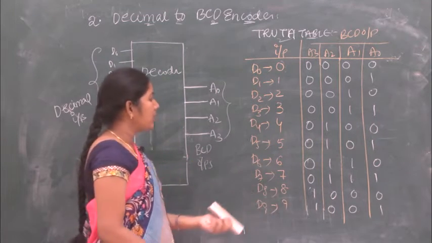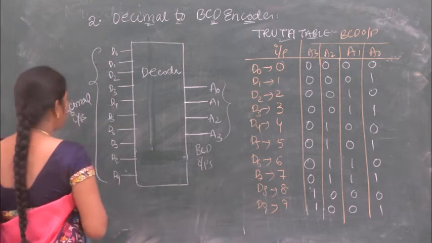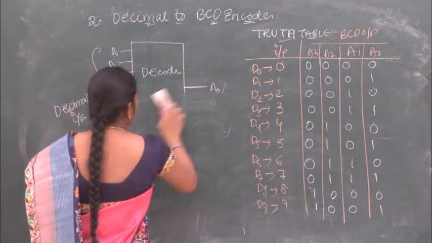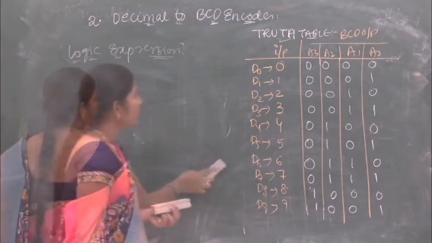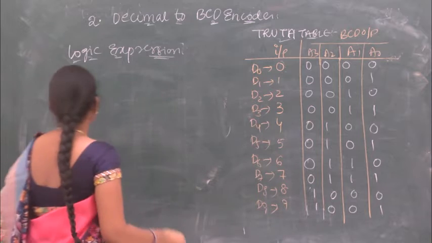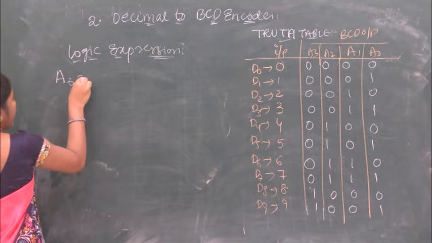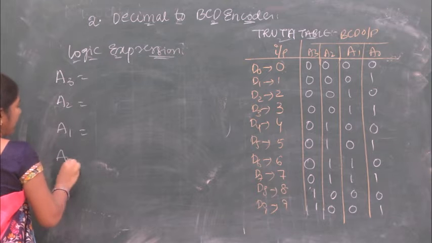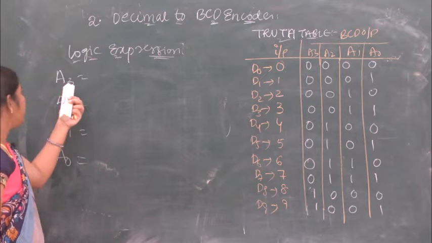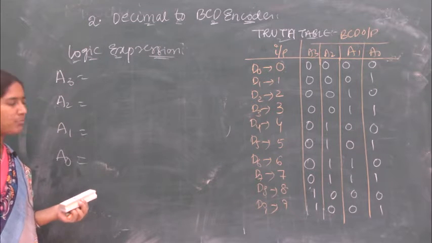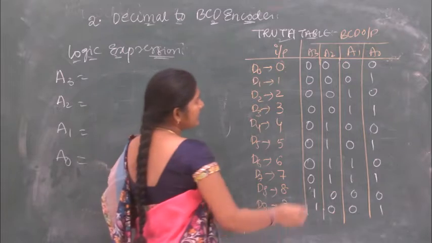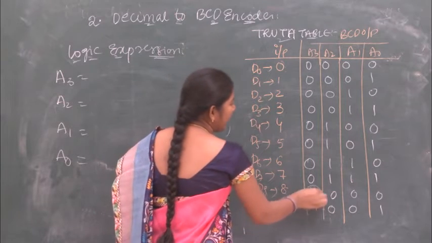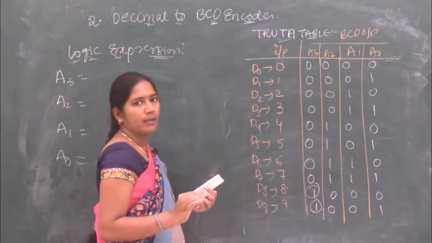So from this we can find the logic expression for each output. Right? As we have 4 outputs here, which are A3, A2, A1 and A0, we need to find the logic expression for each output. I will consider only the values when A3 is high. Right?